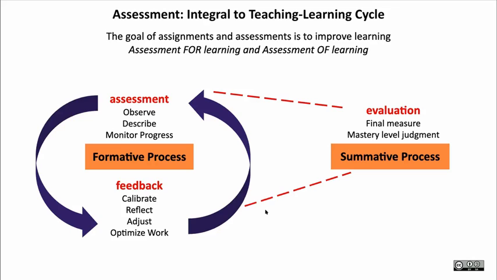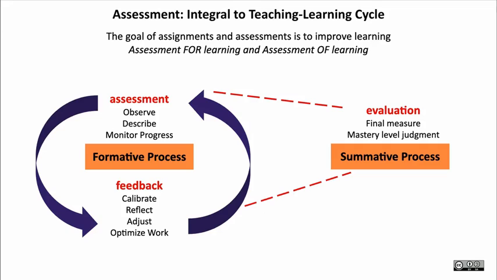So this is a model that will bring it all together at this point for the why of assessment and assignment. You want to think of two ways of assessing students and creating assignments for them. There is assessment for learning and assessment of learning.